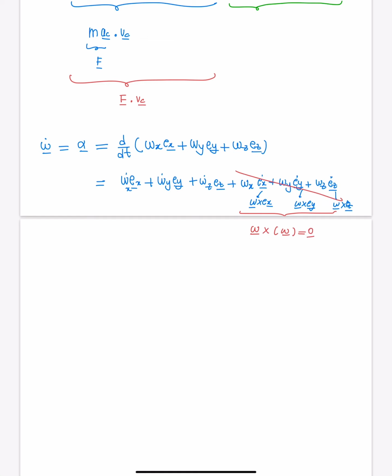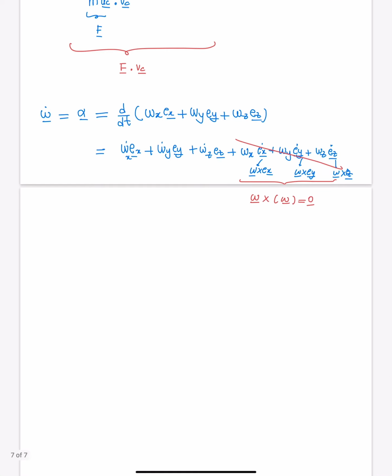So this whole term goes away. Alpha is just equal to omega dot x ex plus omega dot y ey plus omega dot z ez. You might write that as the co-rotational rate of omega, the derivative of omega keeping the co-rotational basis fixed.